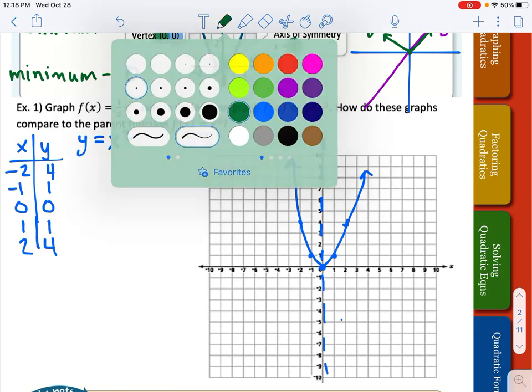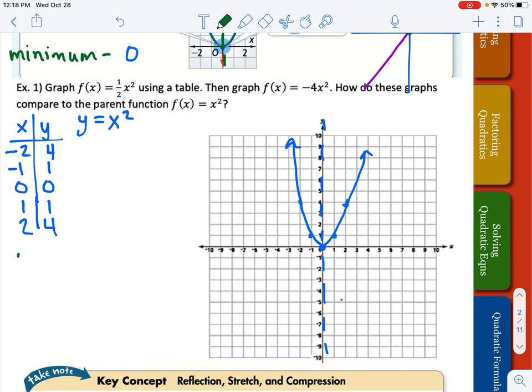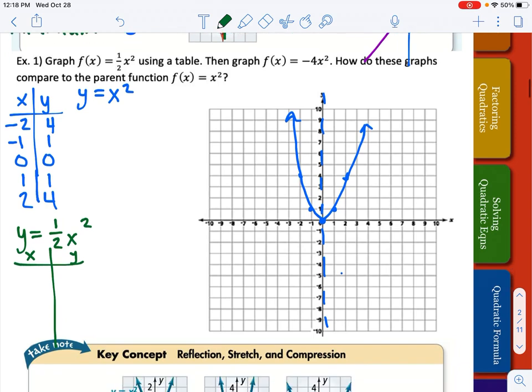Now I'm going to go ahead and make a table with regards to y equals, or f of x equals 1/2 x squared. So we'll learn in a little bit how to find the vertex of these sort of quadratic functions, but for now I'm going to say that the vertex, I know for sure, is 0, 0 for this one as well. So our vertex is there, so then I'm going to do numbers on either side of it for my x values.